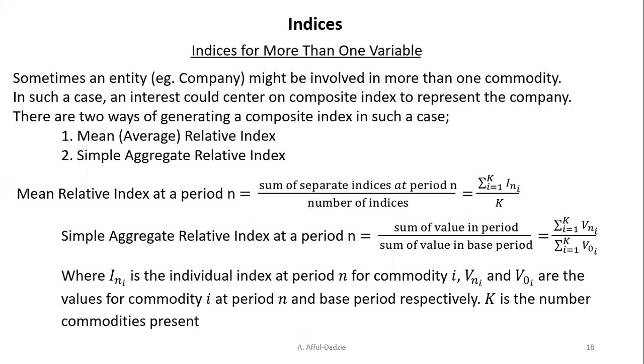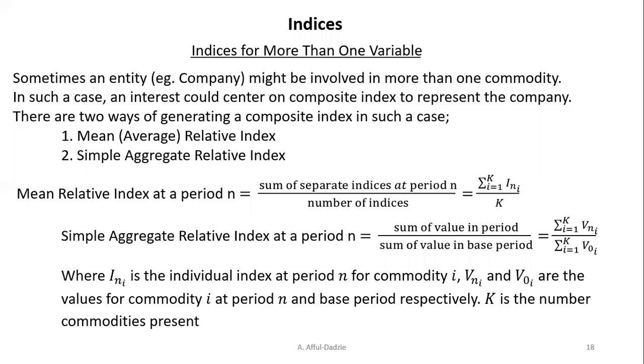Unlike the case where we saw an index relative, where you can have a number of commodities and end up selecting one and finding its index number, or wanting to investigate what is happening with regards to change in price or quantity, in the case of indices for more than one variable, we seek to put together all the variables and compute one composite index number for them.